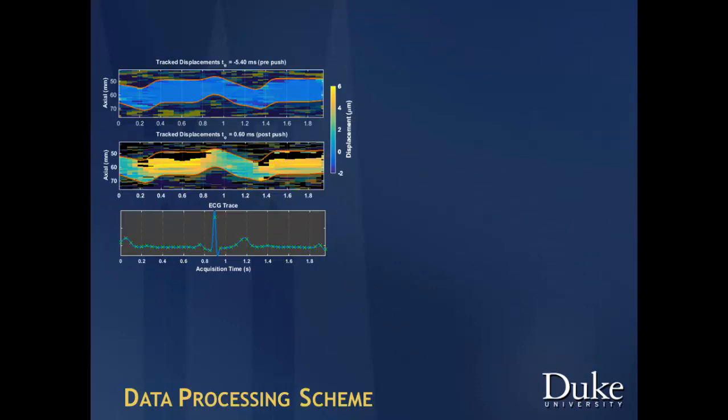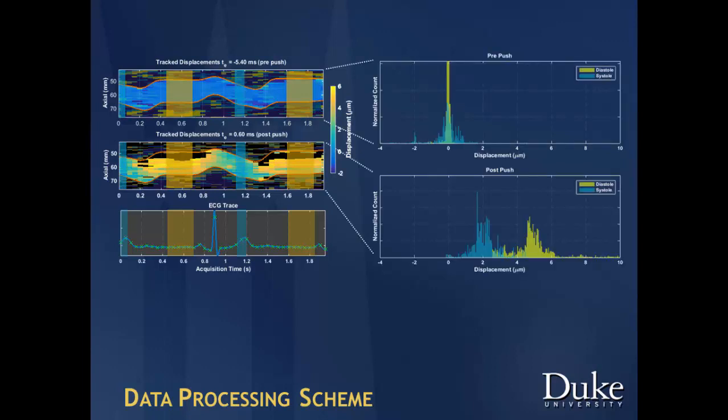To get these more quantitative metrics, we take each one of these M-modes, we window out regions to mark systole and diastole based on the ECG, and then we can actually look at the histograms of what those displacements are through both space and some short time window.